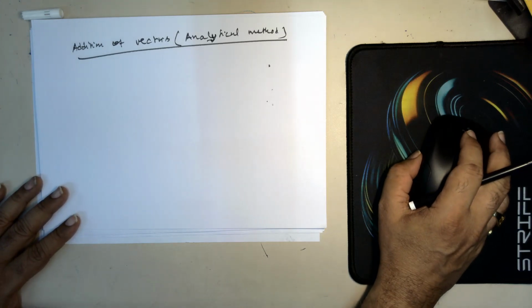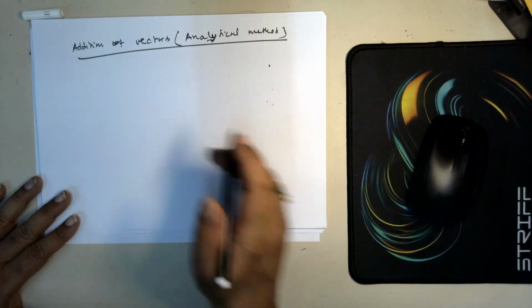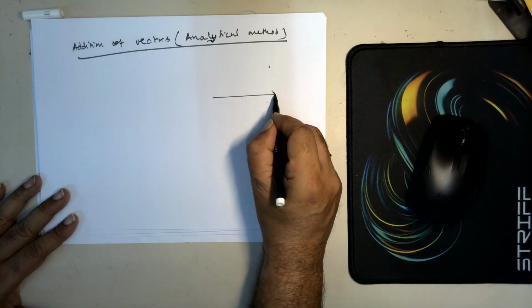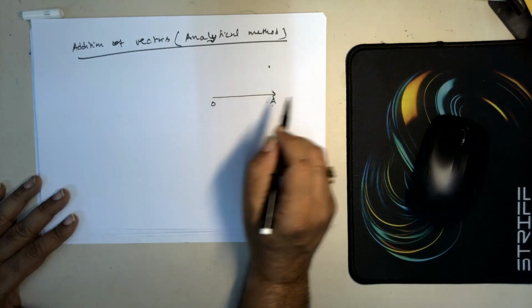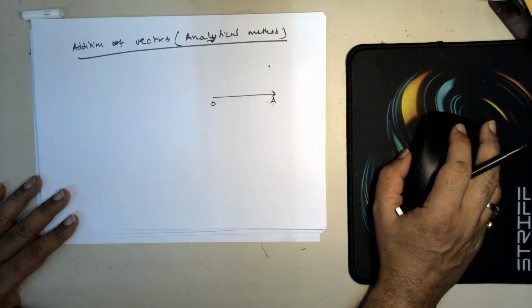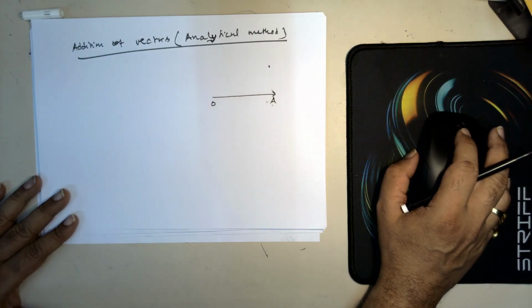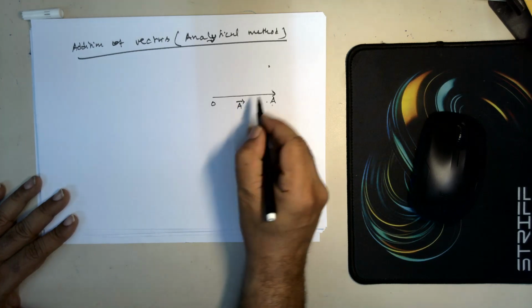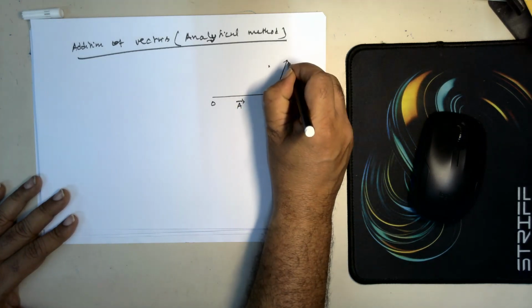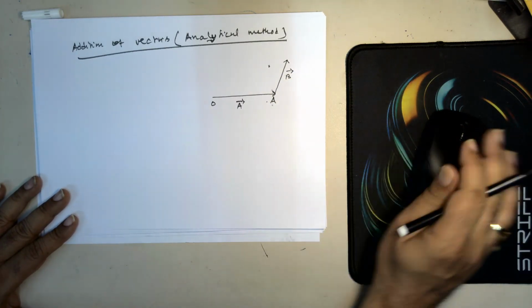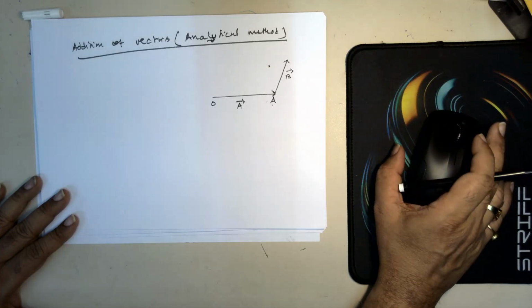Let us consider two vectors A and B inclined at an angle theta. Okay, take down. You have got a vector OA and another vector that is B. So this is vector A, another vector B. Okay, they are inclined at an angle theta.